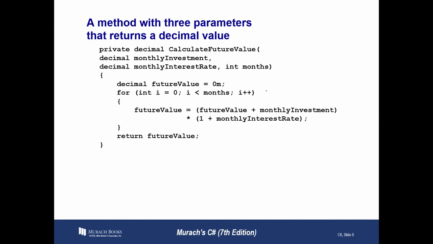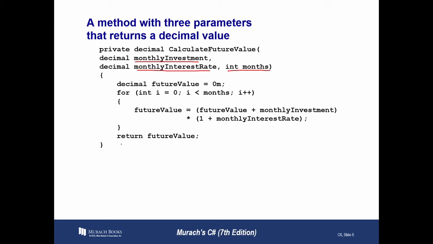When we look at this particular method right here, we've got three parameters that we're passing in. We've got this one here, and these are decimal types, and notice we specify the decimal type in this way. Then we've got this third parameter. When we actually go and call this function later, these will become the three arguments of it.